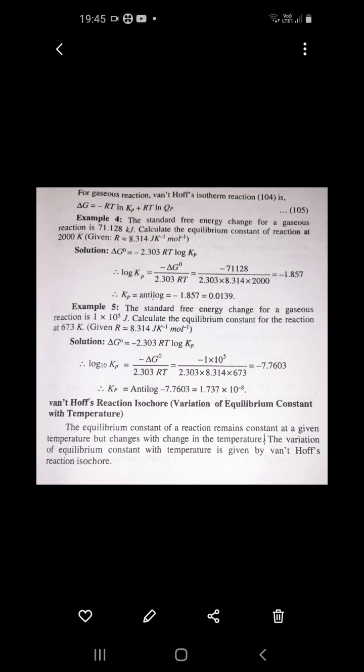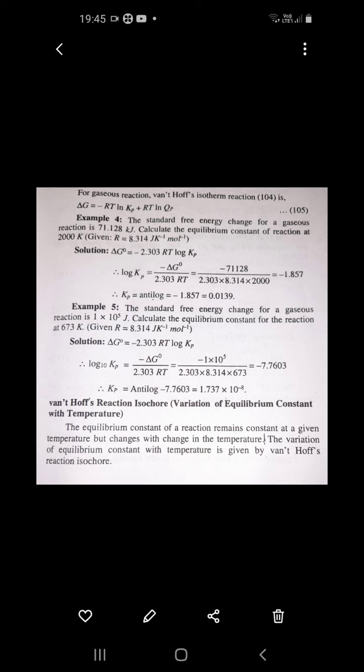Here in the solution we have the formula of standard change in free energy. Delta G0 is equal to minus 2.303 RT log Kp. That equation we saw in yesterday's lecture. So what is log of Kp? Log of Kp is equal to minus delta G0 upon 2.303 RT.